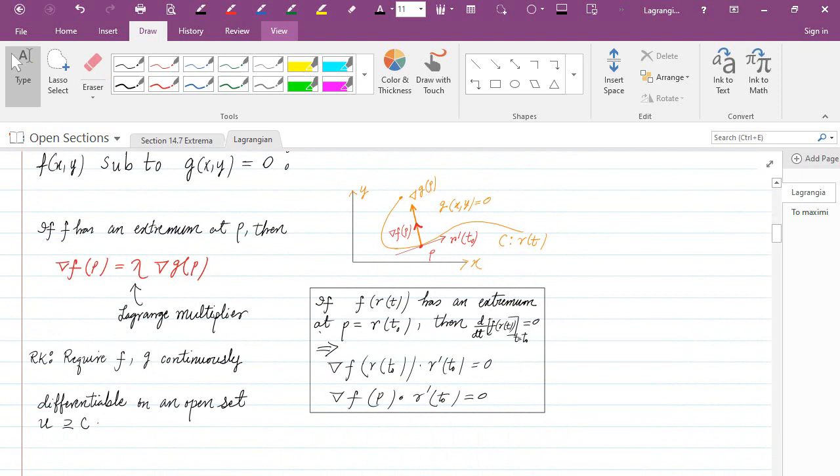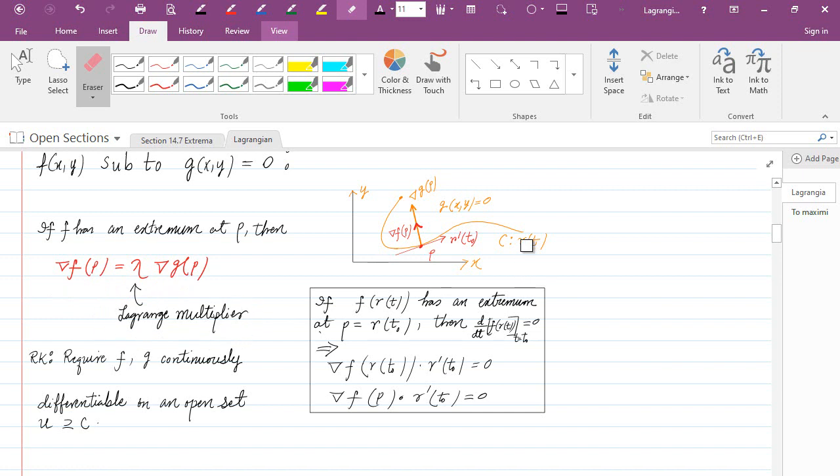So then we see that the gradient of g at P is perpendicular to the curve at P. The gradient of f at P is also perpendicular to the curve at P. Therefore, the gradient of f at P is parallel to the gradient of g at P, and so the gradient of f at P is a scalar multiple of the gradient of g at P. So the gradient of f at P is lambda times the gradient of g at P, and this lambda here is what we call the Lagrange multiplier.